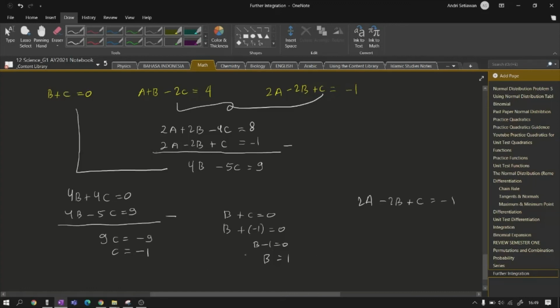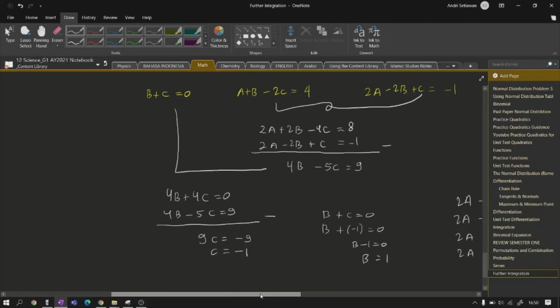Let's substitute b and c. 2a minus 2 times 1 plus -1 equals -1. 2a minus 2 minus 1 equals -1, 2a minus 3 equals -1, 2a equals 2, so a equals 1. This is the value of a, b, and c.